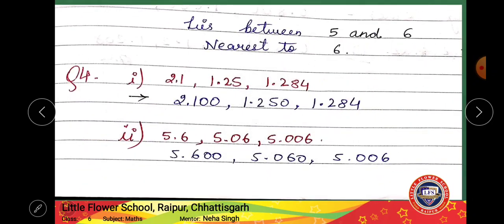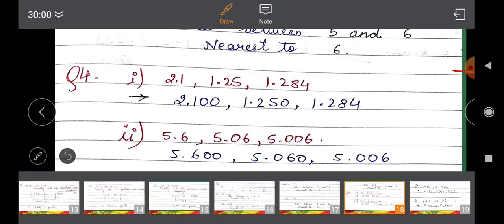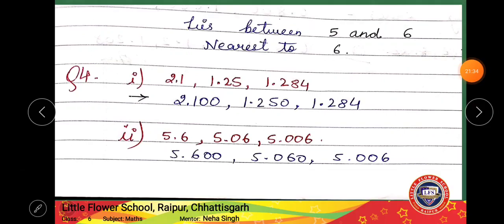So fourth, see 2.1, 1.25, 1.284. We just need to convert it into like decimals, right? So how are we going to convert it? The largest number of decimal places is this 3. So we will make all the numbers with 3 places of decimals.